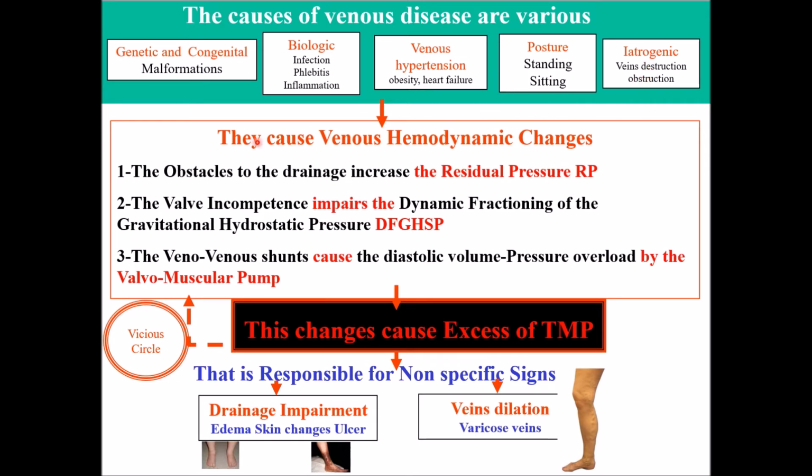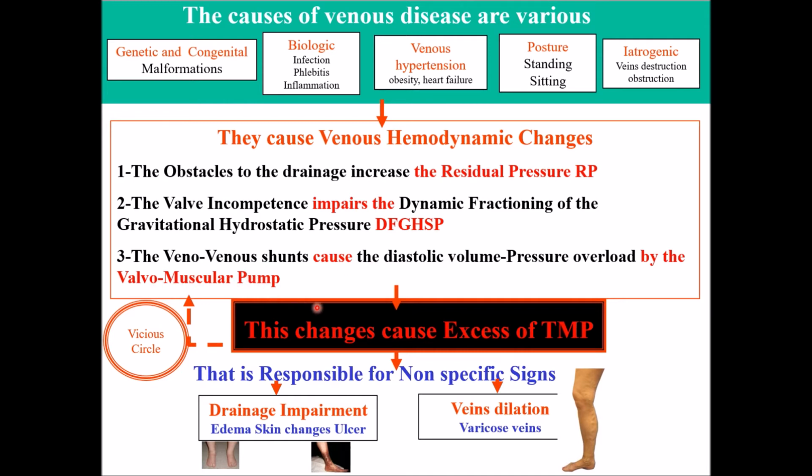They cause venous hemodynamic changes: obstacle to drainage that increases the residual pressure, valve incompetence that impairs the dynamic fractioning of the gravitational hydrostatic pressure, and veno-venous shunts that cause diastolic volume pressure overload by the valvo-muscular pump.